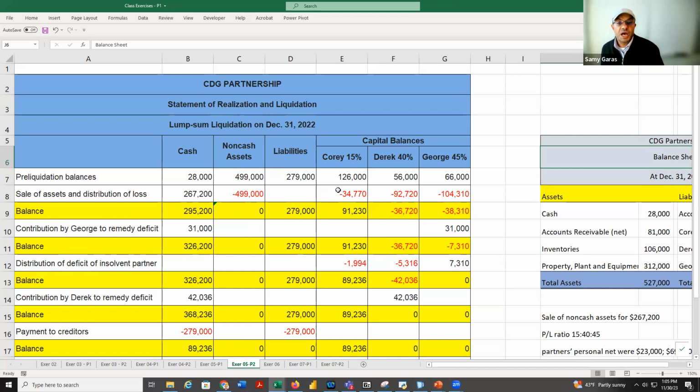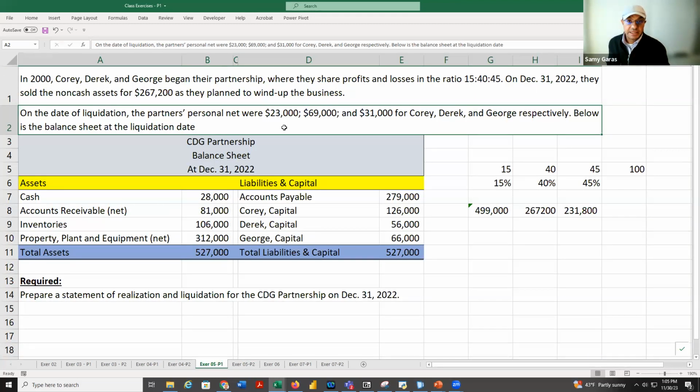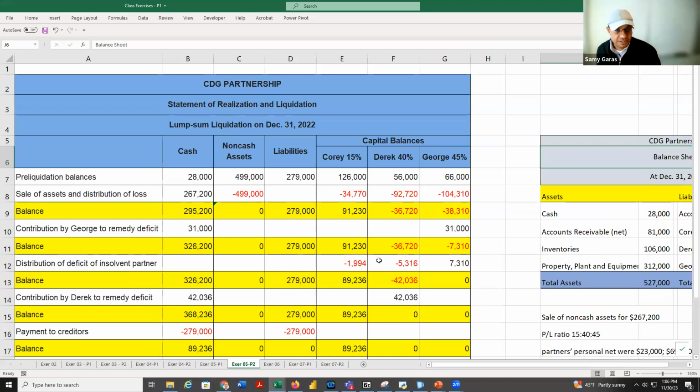But then you see, when I start to distribute the loss among the partners, we see that Derek and George get a deficit balance in their capital. Both of them have net worth that can cover some of the deficit. Which one should I take first to cover up his deficit?